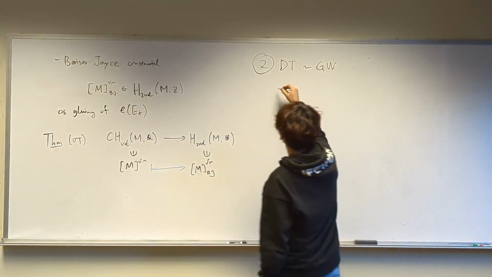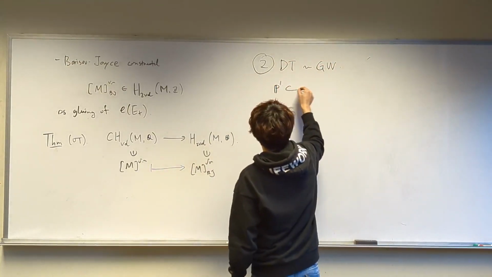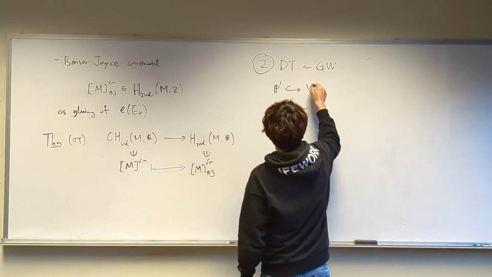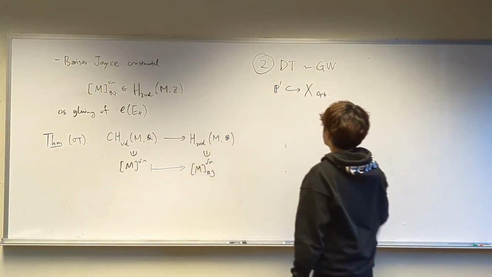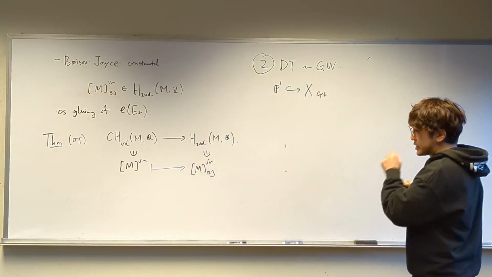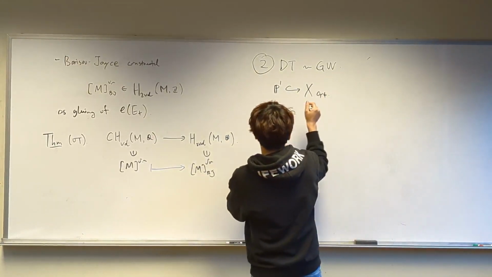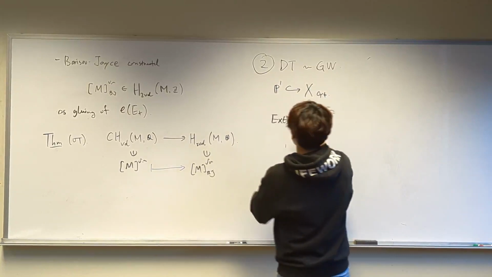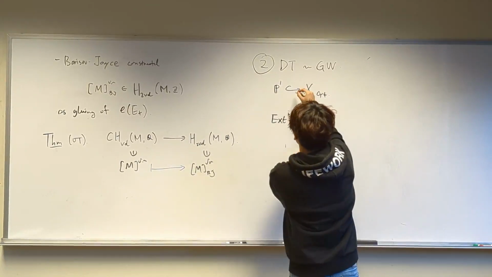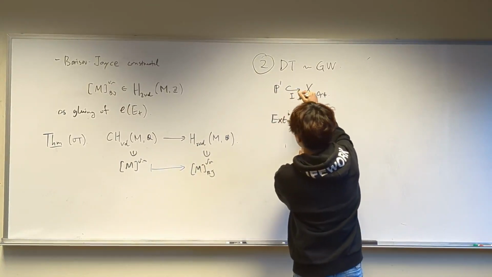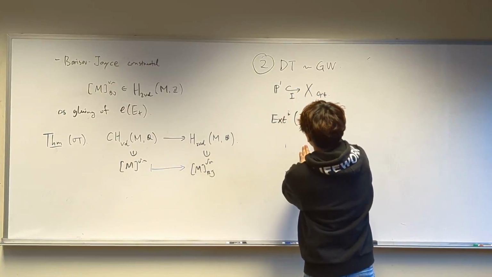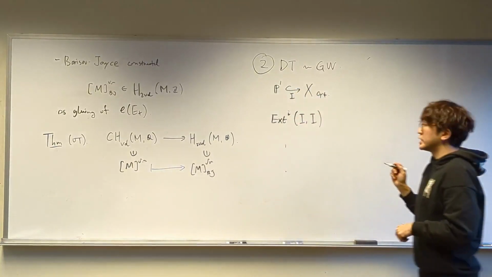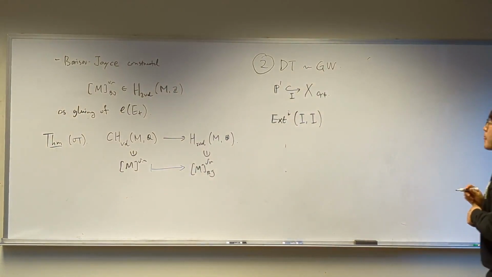So let's assume there is an embedding of P1 into our Calabi-Yau 4-fold X. Then, as we've seen, this obstruction theory is governed by X. Let's say this ideal sheaf I, and this obstruction theory is governed by this.